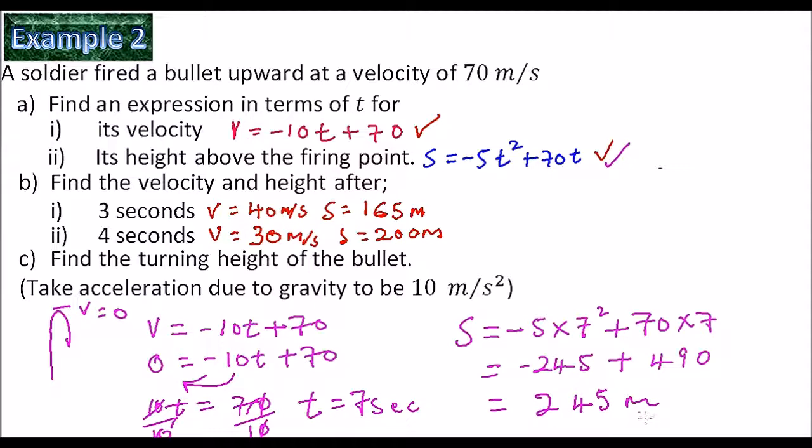So what this means is that the bullet, since it was moving upwards, will turn downwards after 7 seconds, at a height of 245 meters. And that is how you work out that question.